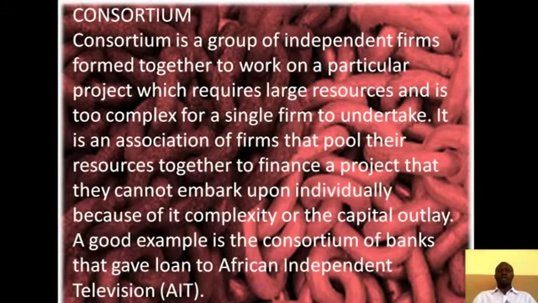Now, the coming together of different firms to see how they can finance a project, of course, is to their benefit. This is what is known as a consortium, the coming together of different firms to undertake a project that is too complex and requires large resources.